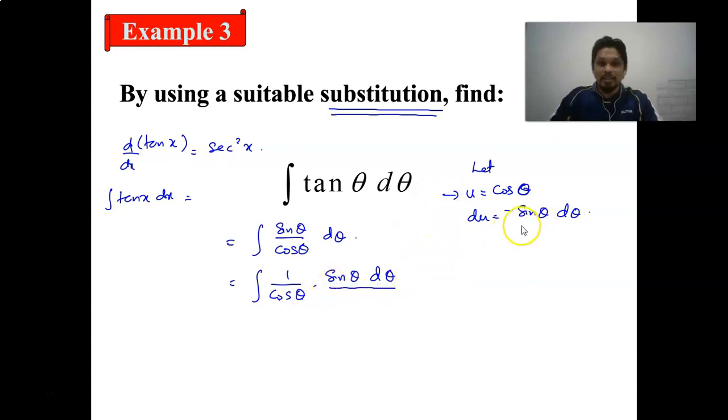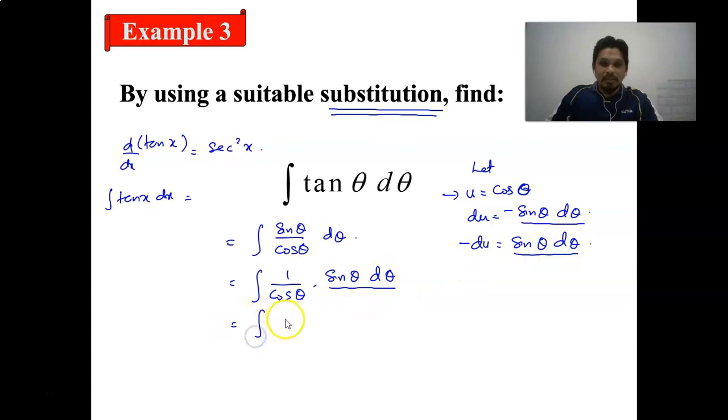So in this question, we want the substitution of sine theta d theta. What we have right now is du equal to negative sine theta d theta. We don't want this negative, so multiply left and right by negative. It gives you negative du equal to sine theta d theta. So you can see clearly now, it's sine theta d theta.